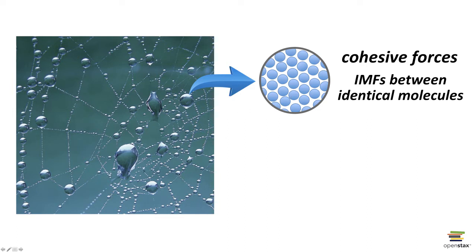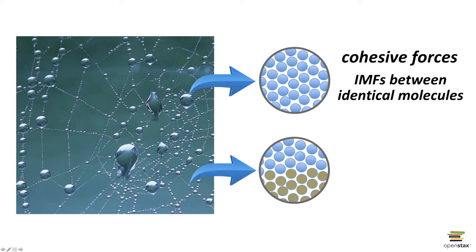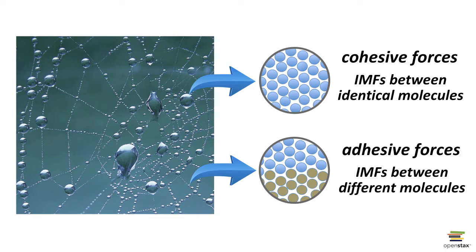Now at the interface between a strand of spider web and a water droplet, attractive forces between the water molecules and the surface of the strand make the water cling to the spider web. These are called adhesive forces, which are intermolecular forces between different molecules, in this case between water molecules and the spider web molecules.